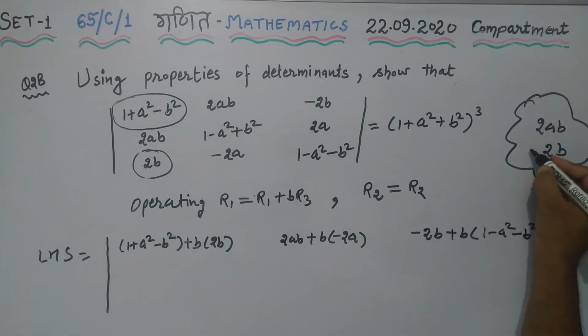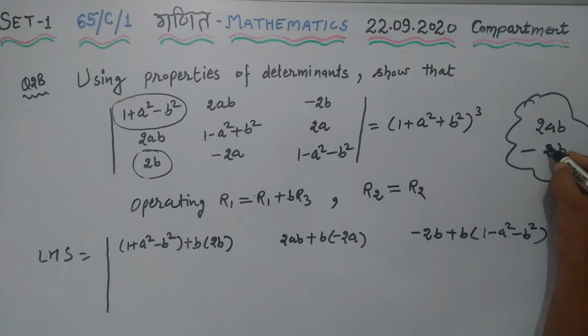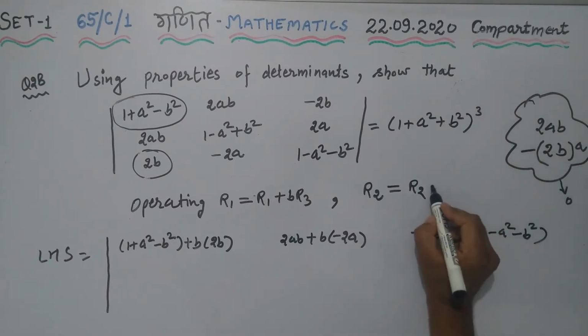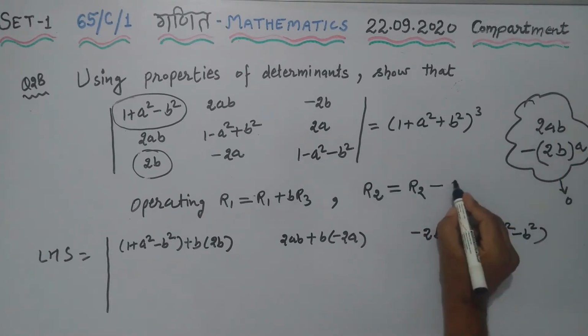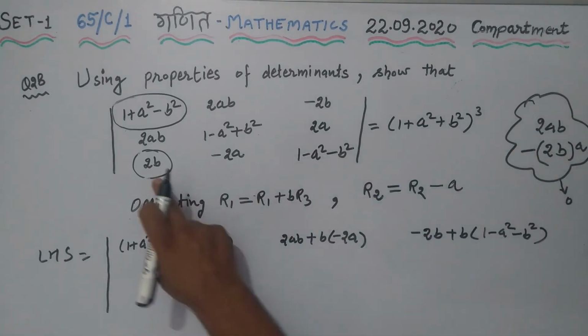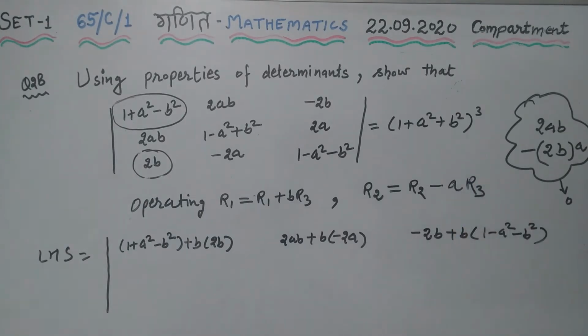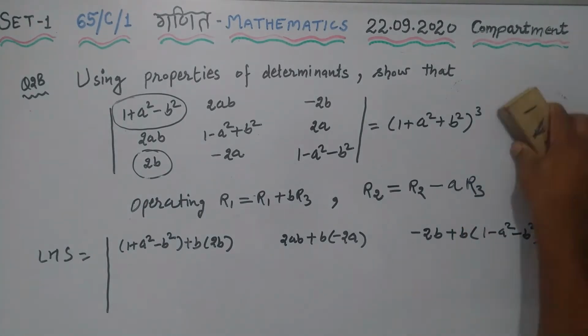Of course we should subtract and multiply this with a. That means R2 we did nothing, thereafter we take minus sign, a from our own side, 2b is R3, right? This is the way how we operated.